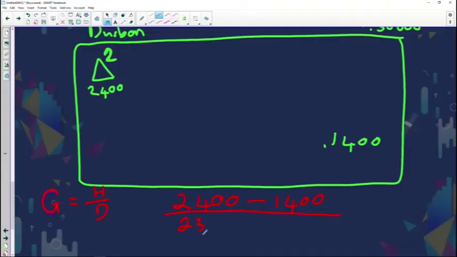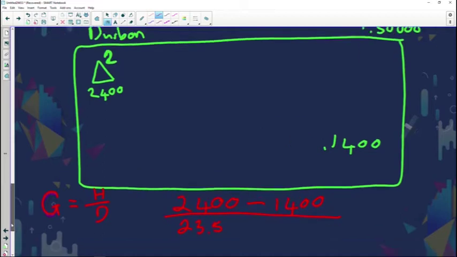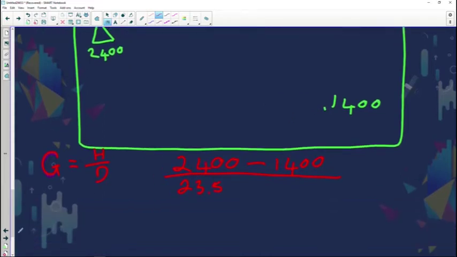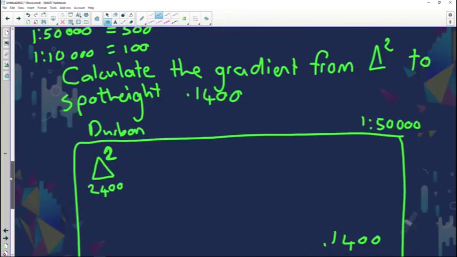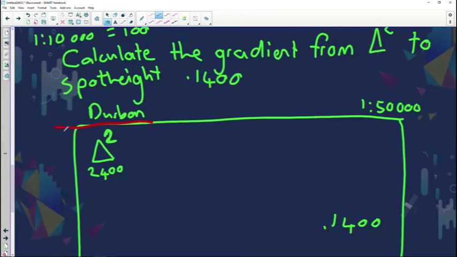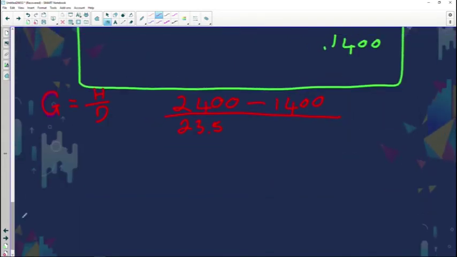So 23.5 centimeters. Now we express gradient in meters because the kilometer unit is too big to use. And if you look at our map, it's a Durban map, 1 to 50,000. So what are we going to times it with? 500.